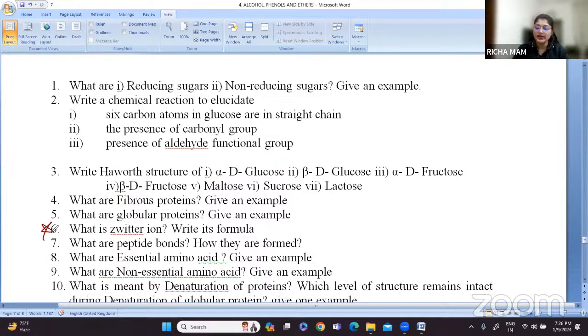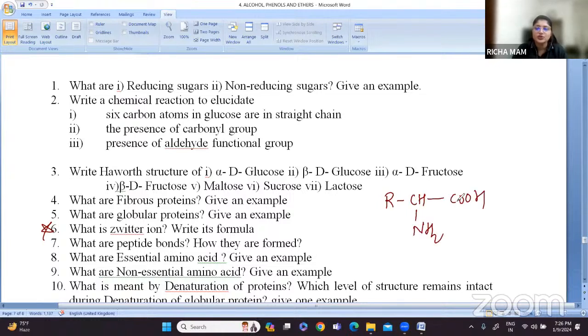So in aqueous solution, this is the amino acid. How do you represent an amino acid? RCH, with NH2 and COOH.